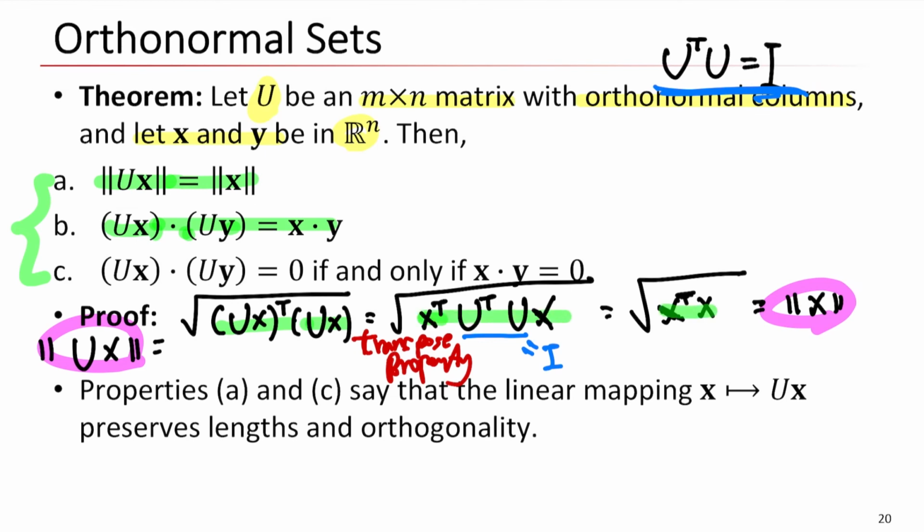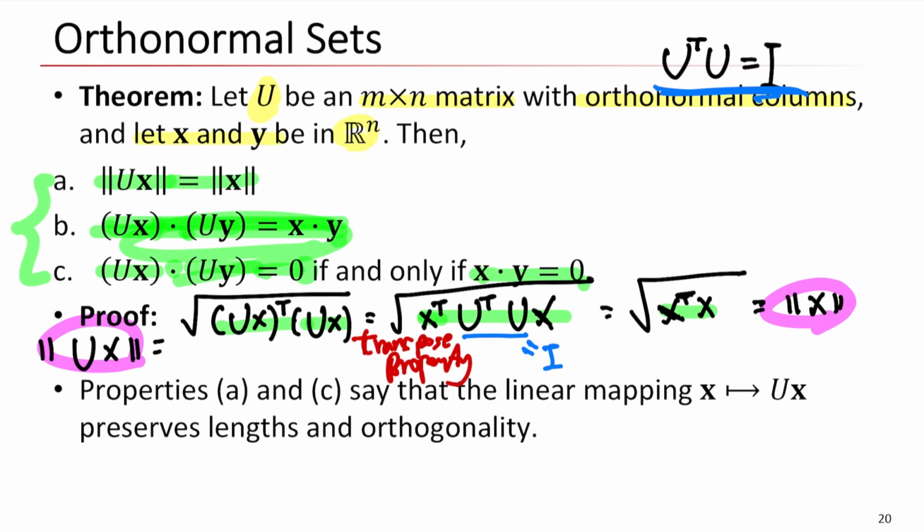This one and this one and this one, right? So this is true, right? Then from here, Ux inner product Uy is equal to 0 if and only if x inner product y is equal to 0. So because of this property, right?